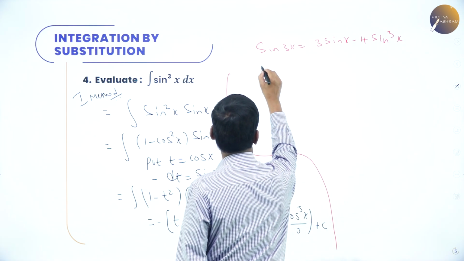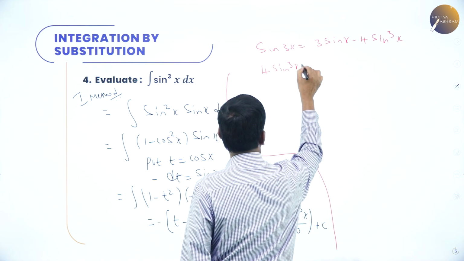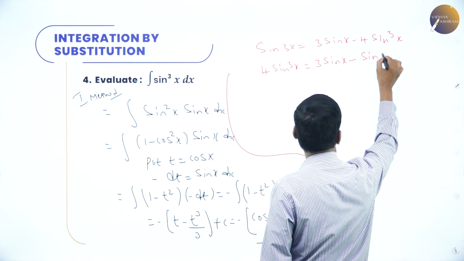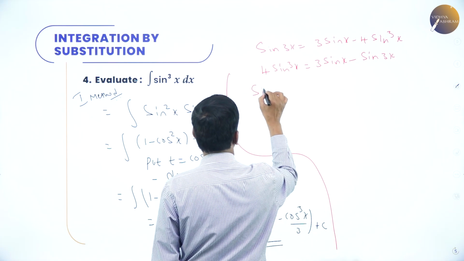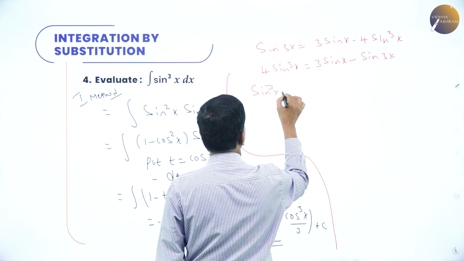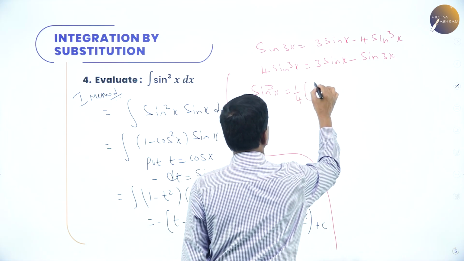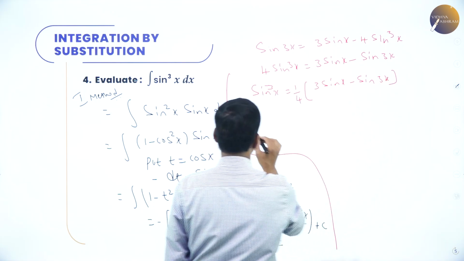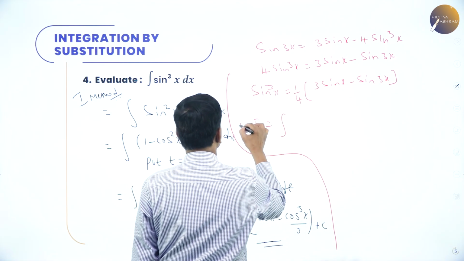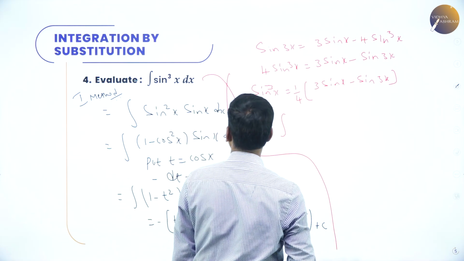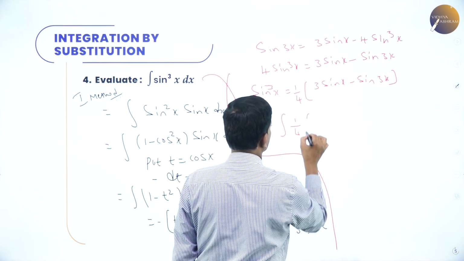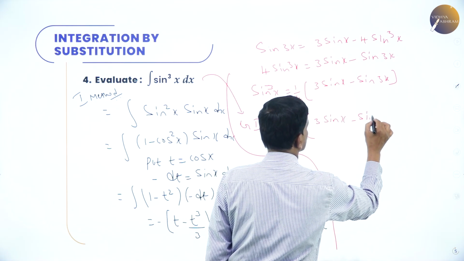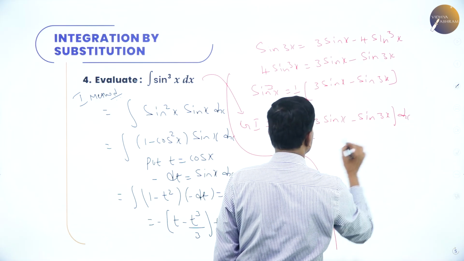So interchange: 4 sin cube x is equal to 3 sin x minus sin 3x, or sin cube x is equal to 1 over 4 into 3 sin x minus sin 3x. So the given integral can be written as the integral of 1 over 4 times 3 sin x minus sin 3x dx. Now integrate it.